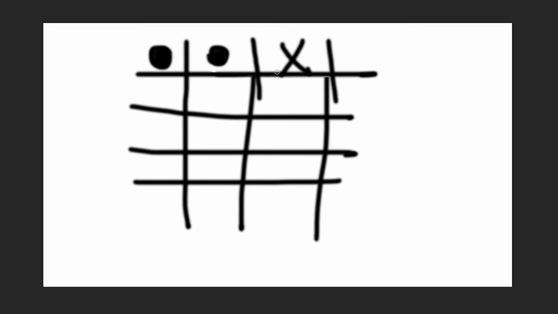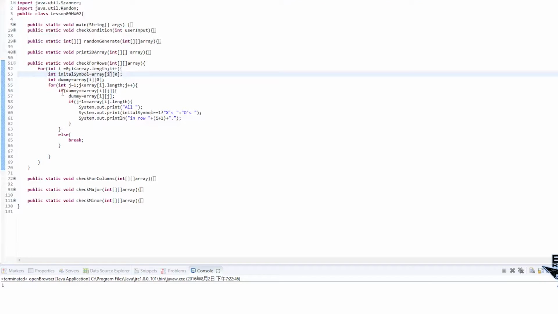And if my next one is X, then you will check if this one is false. If dummy is equal to my array at i dot j, if my j equal to 3 is an X, then it will not pass this condition, the if condition, right? So if this if statement is false, then you will break the loop.